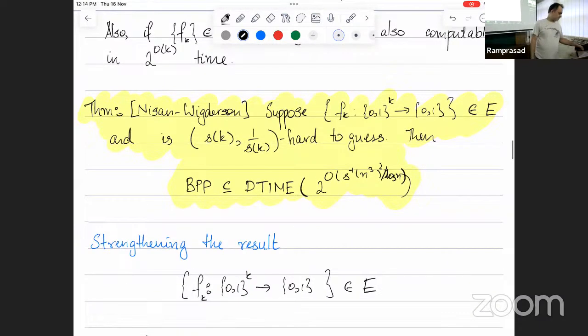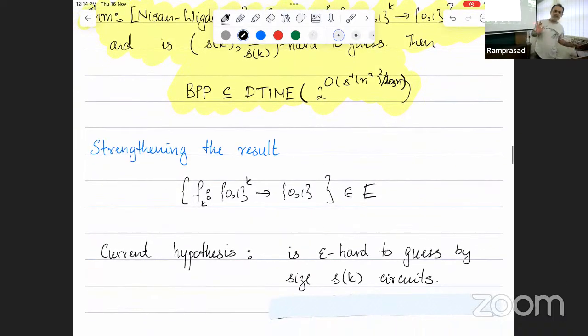So to strengthen the result, someone again gives us a family fk, which is in exponential time. But the question is, what am I expecting out of fk? What do I want from fk? So the current hypothesis is that fk is epsilon hard to guess by some size sk circuits. Again, think of sk as 2 to the delta k.